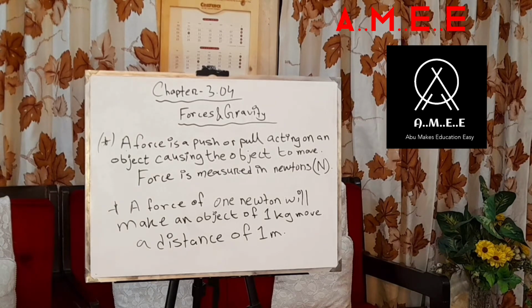You put the square box on a plain smooth surface, and now you apply a force of 1 Newton to it, and you will see that it has moved a distance, and that distance is exactly 1 meter.